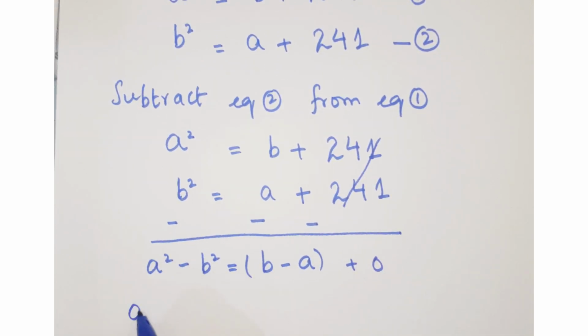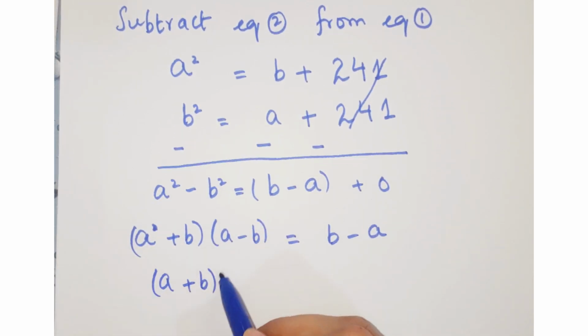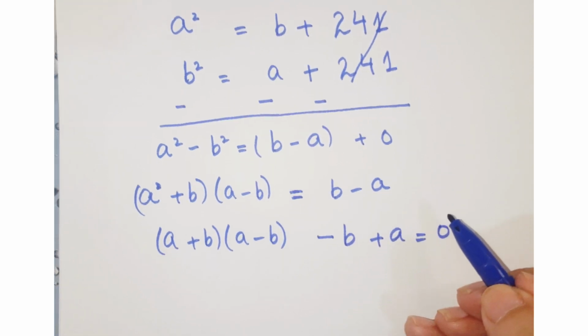Now you can apply the algebraic identity here, that is a plus b into a minus b is equal to b minus a. Now shift this b minus a, just shift these terms to the left hand side.